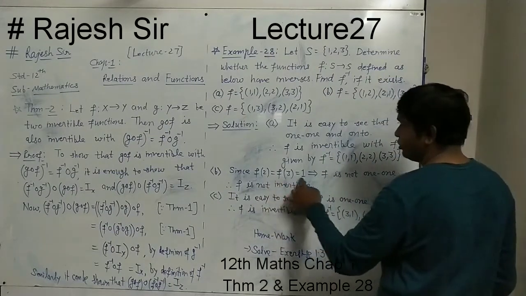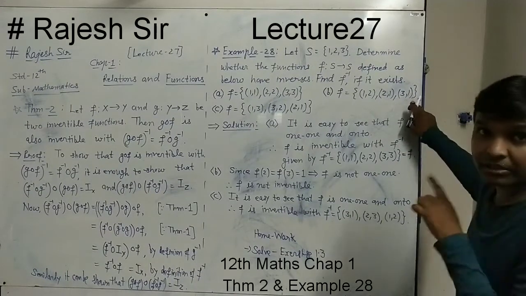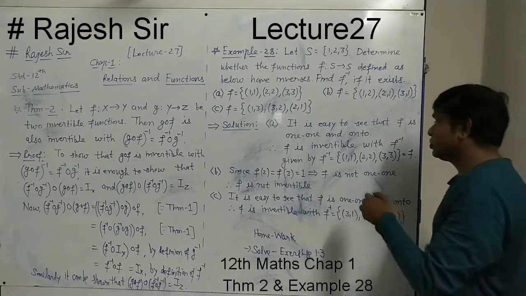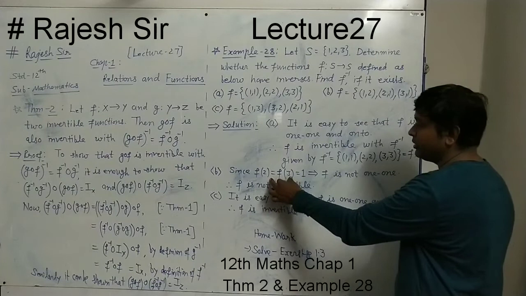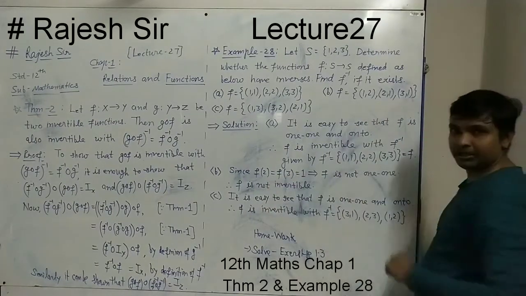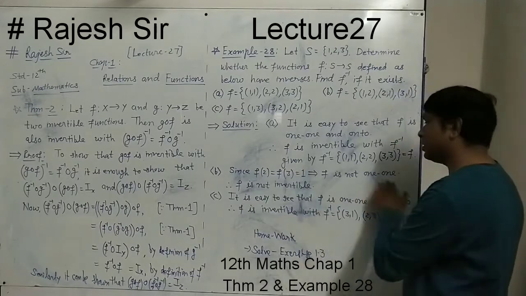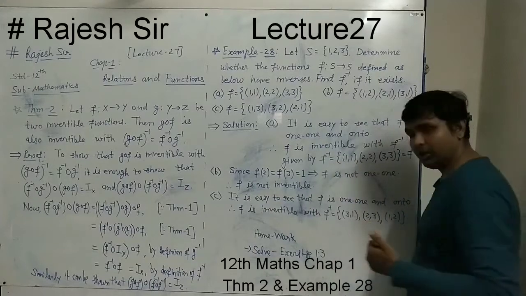So F2 and F3 both equal 1. For different elements we don't have different images here; we get the same image. So it is not 1-1, because for two different elements of the domain we get the same image. It should be distinct but it is the same here. So F is not 1-1, and so F is not invertible.